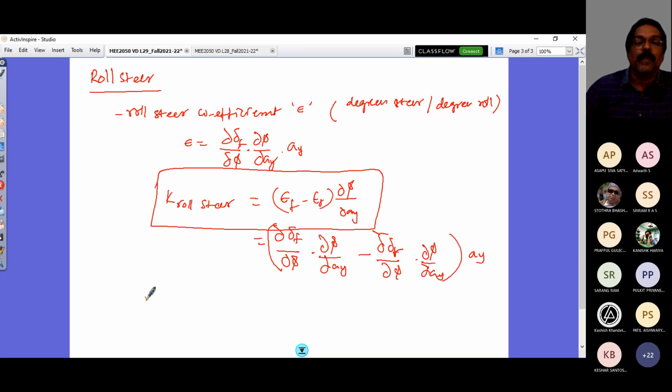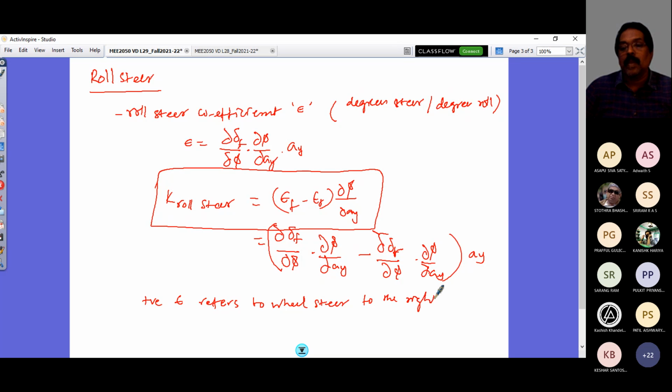So the positive value of this refers to wheel steer to the right in right hand roll.